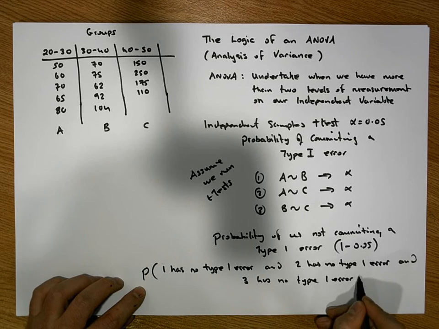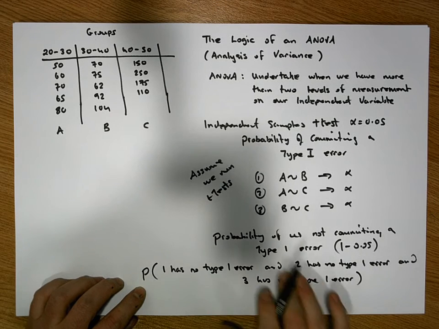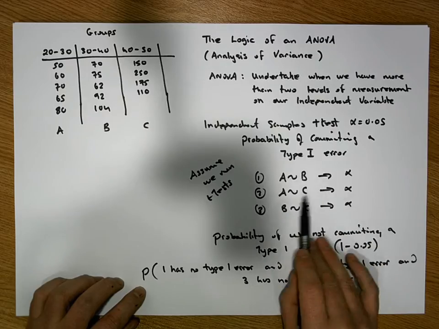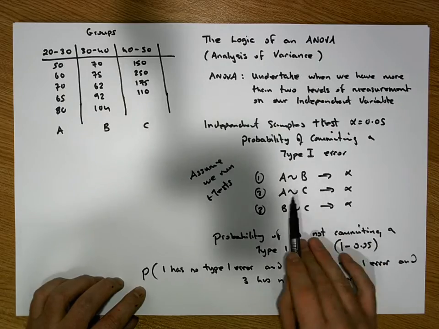That's the total probability of us not committing any type 1 errors when we run 3 separate independent samples t-tests.